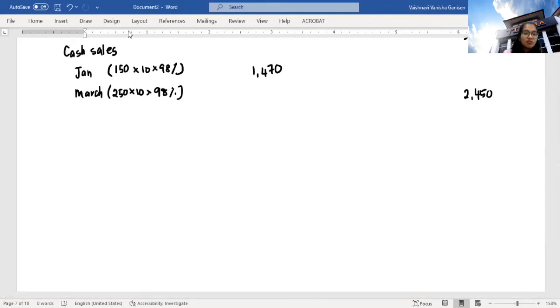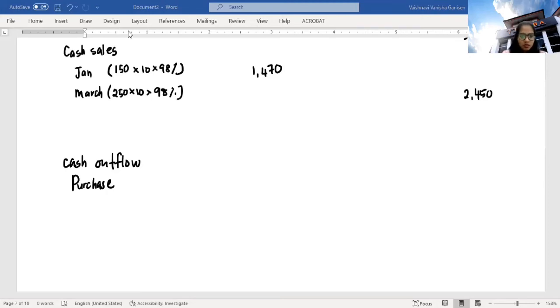These are all cash outflows, so I'm going to leave a few lines. Then I'm going to go to cash outflow. You have purchase. Your purchase for January is made in December but paid in January.